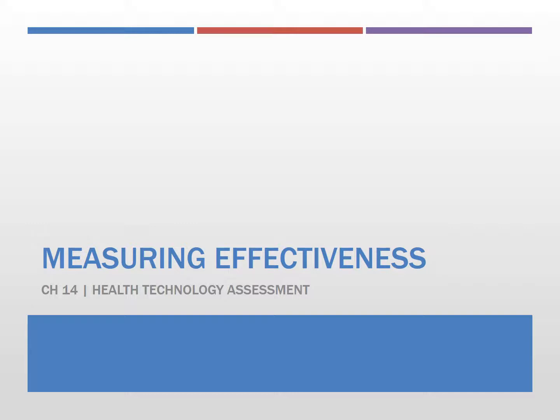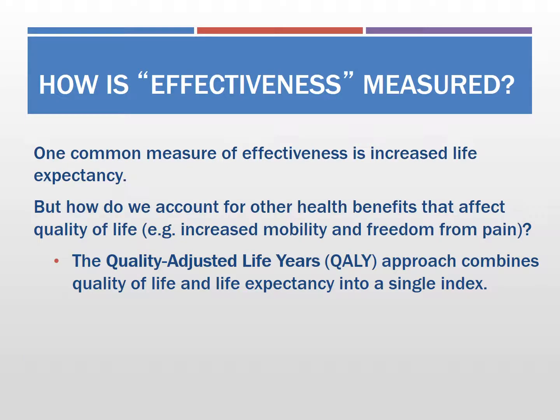Since we are not only depending on the cost of the treatments, we also need the effectiveness or benefits of the treatments to come up with the ratios. So measuring the effectiveness becomes one of the most challenging jobs. One common measure of effectiveness is increased life expectancy, which is what we have discussed.